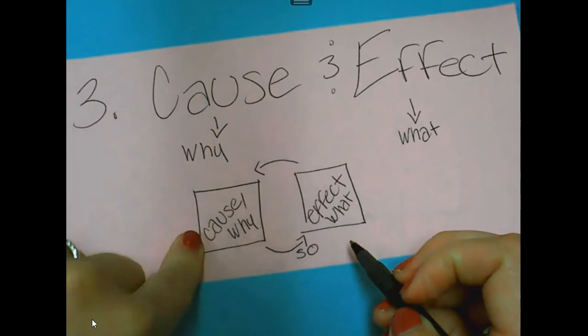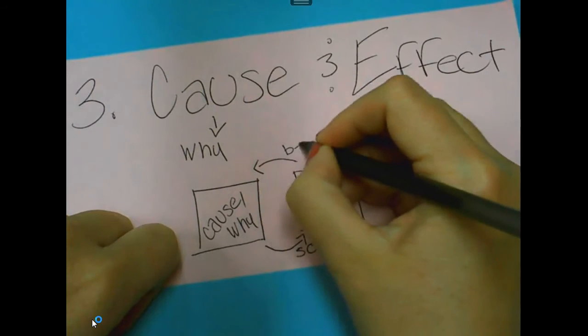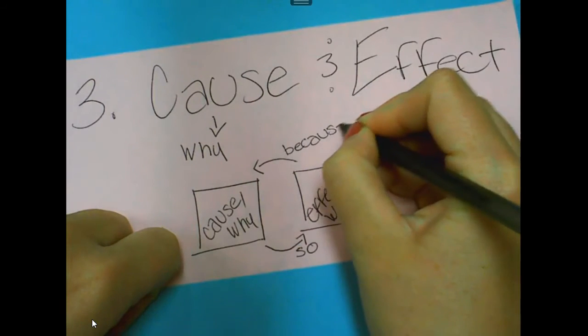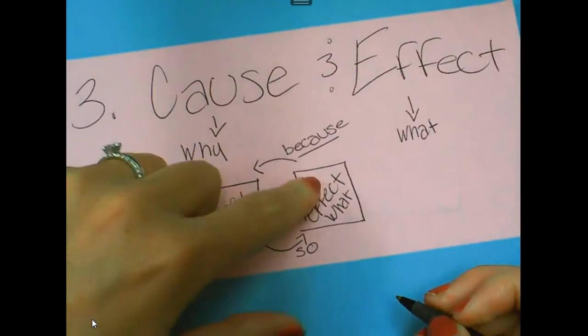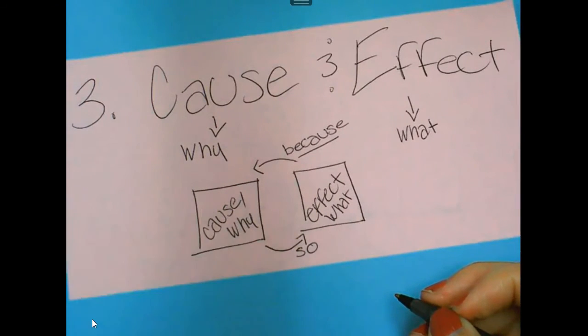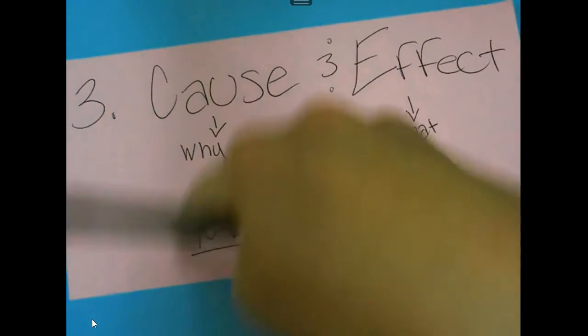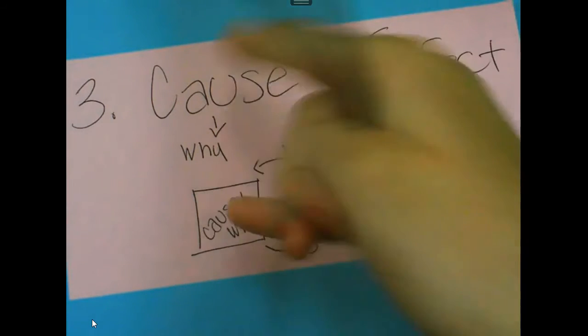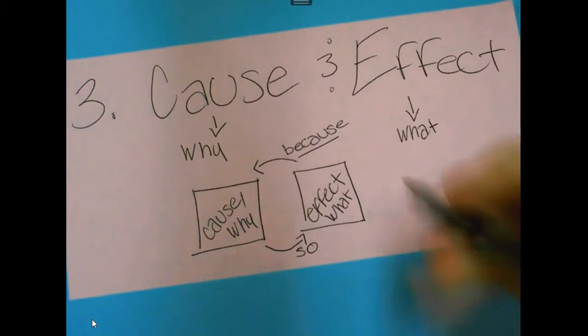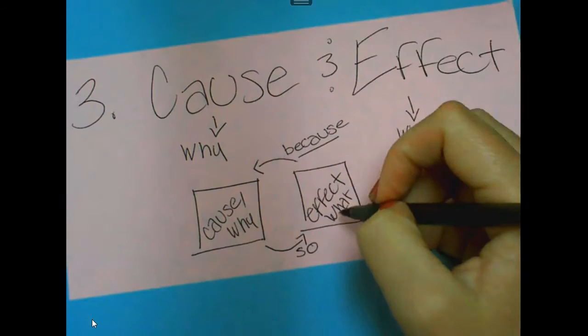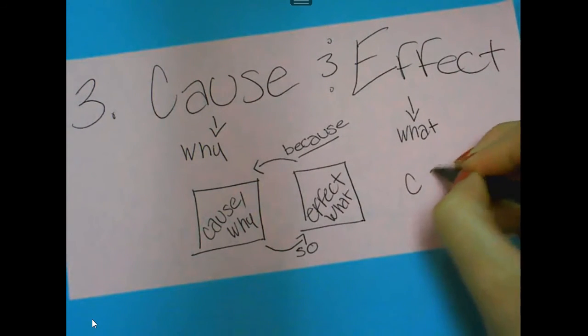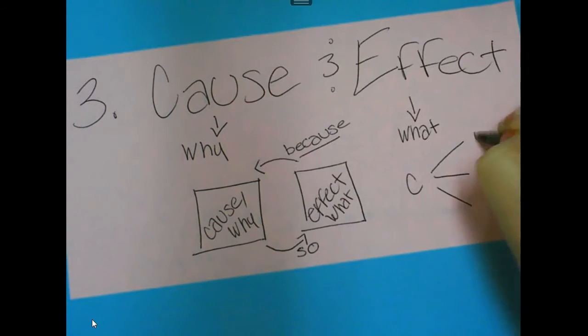If you go effect to cause, you're going to have because as a transition. I got wet because it rained outside. So students need to know that these can flip-flop. Also, one cause can have multiple effects.